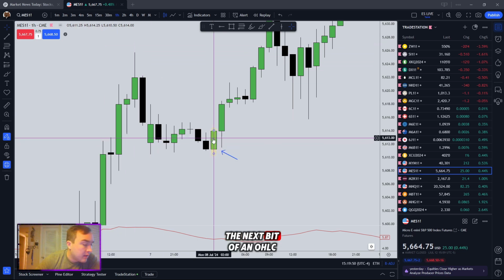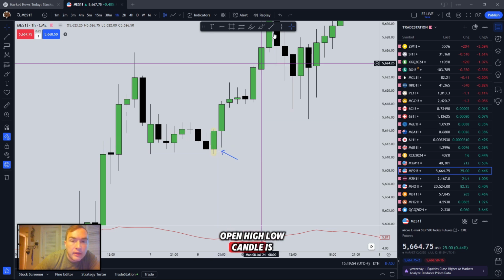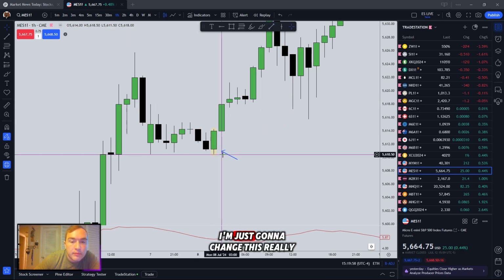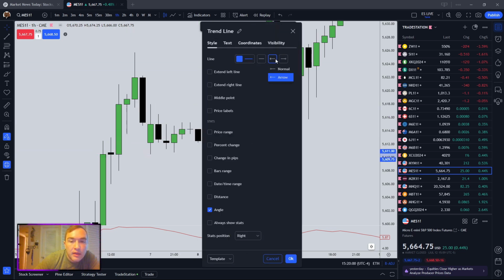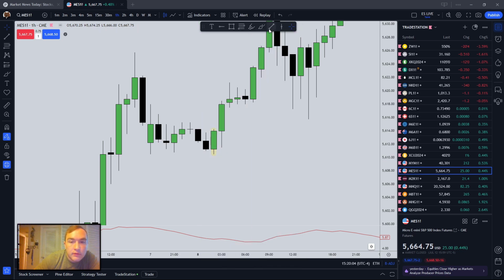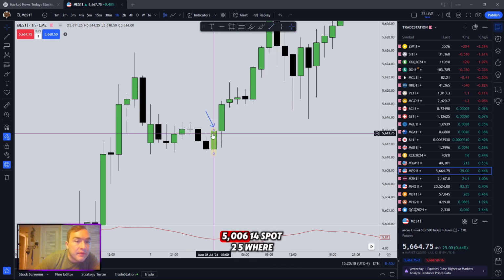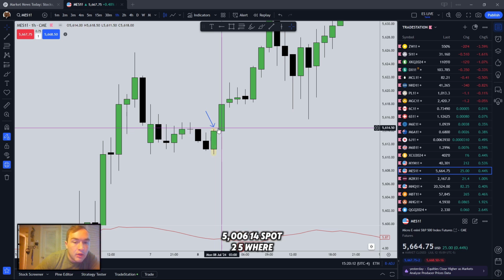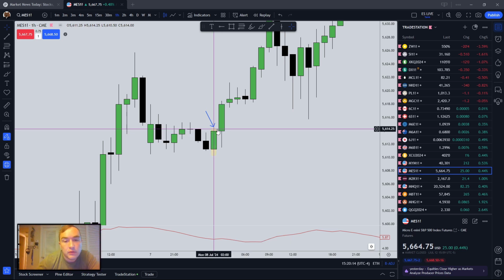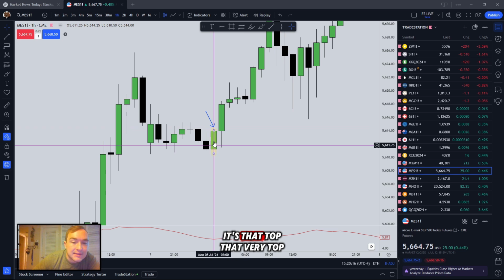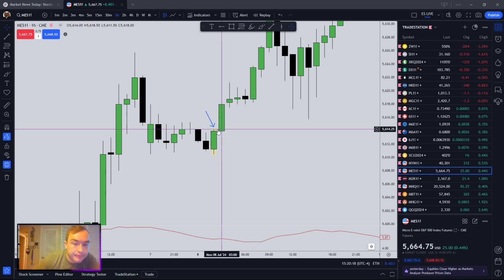The next bit of an OHLC candle, or an open, high, low, close candle, is the high, and I'm just going to change this really fast to be the other way. Okay, guys, so notice that the high of that candle says 5,614.25. Where can you see that on the candle? It's that very top notch, okay?